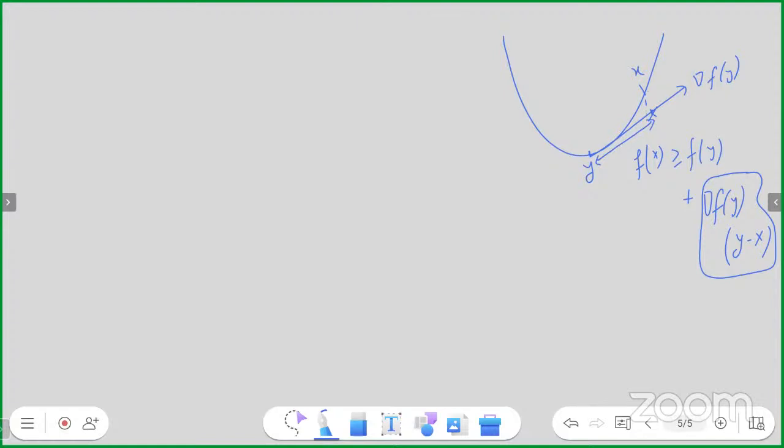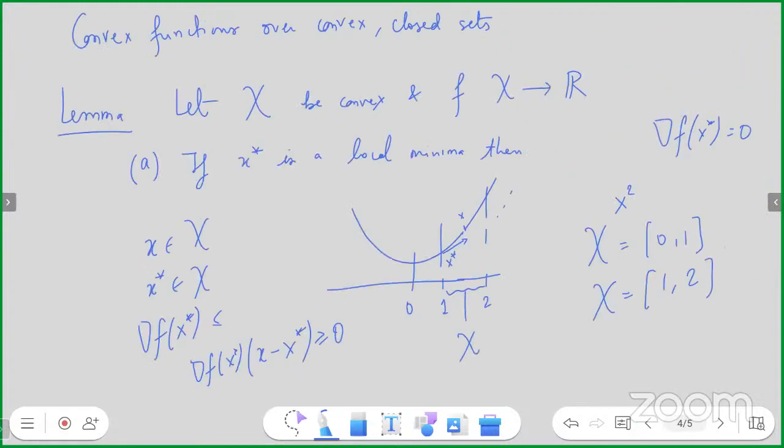That's exactly what this was. This is exactly what he is trying to use. X star is here, x is here. What is del f x star of x minus x star? Along the direction, that much I'm walking. What would happen? Below the function. Where is the function coming from?